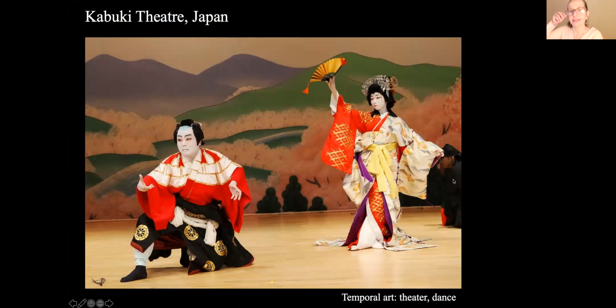Now, onto a lighter note, we go to Kabuki theater in Japan, which we will be looking at in this class, and it unfolds in time. We cannot grasp the Kabuki theater's full meaning and content and aesthetic form unless we witness it together with the actors, following a choreography that is precisely timed, that is temporally oriented.